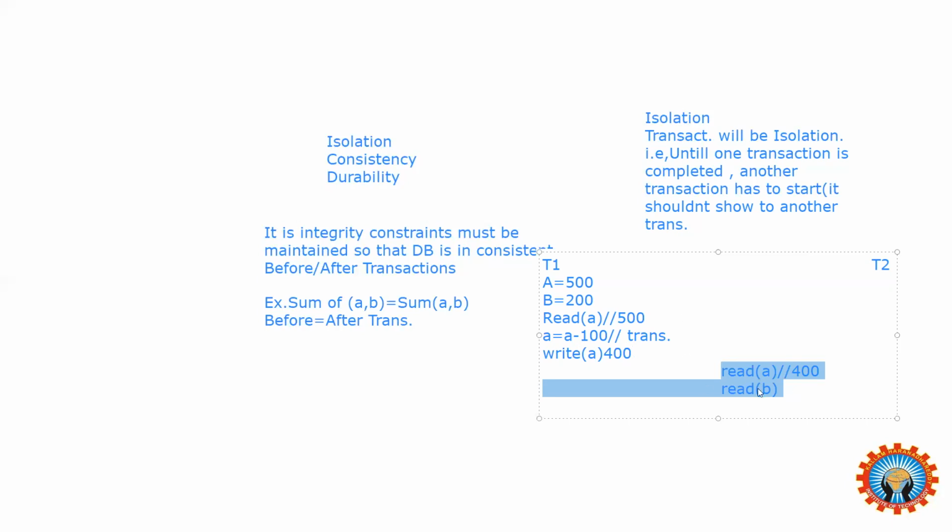This is important. Read of A and read of B. Until one transaction is completed, another transaction has to start. But whenever you say read of A, and then the second transaction read of B, it takes 200. I hope you understand.